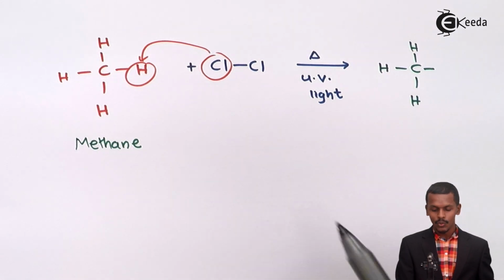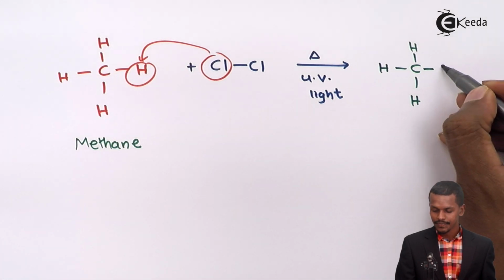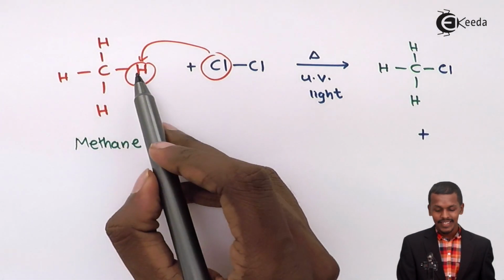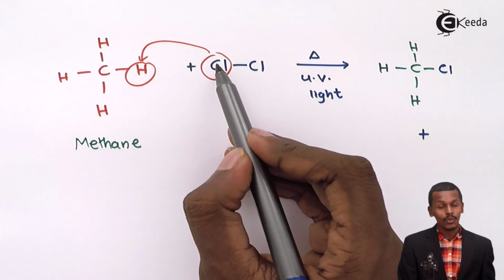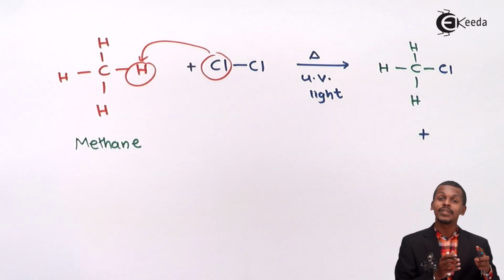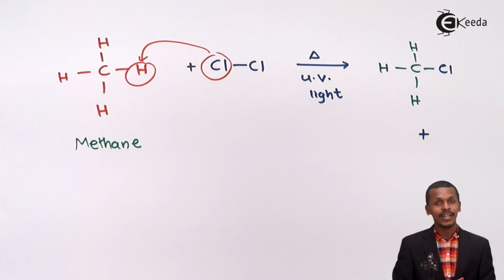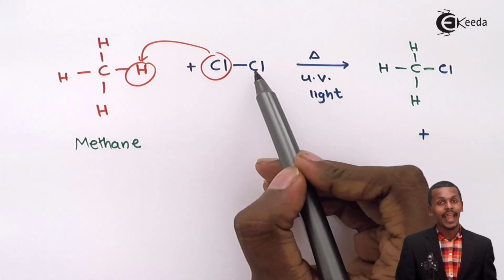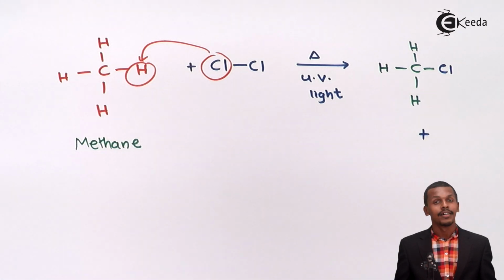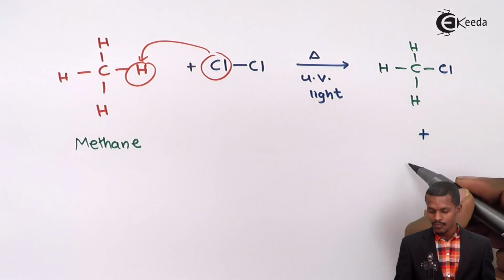Here we could see that the chlorine atom has been replaced, plus this hydrogen that has been removed, because the chlorine atom has substituted this hydrogen atom. Now that hydrogen atom would be removed and it will join with the chlorine atom, and hence form HCl.